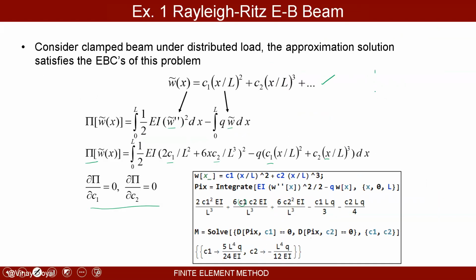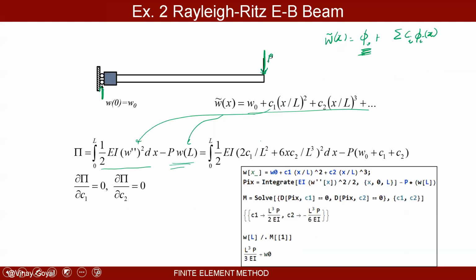This is different from the situation where I have a clamped beam under a distributed load Q. That's why you see an integral from 0 to L, because that Q is applied all along the whole length. Here I have a point load, so I don't have an integral.